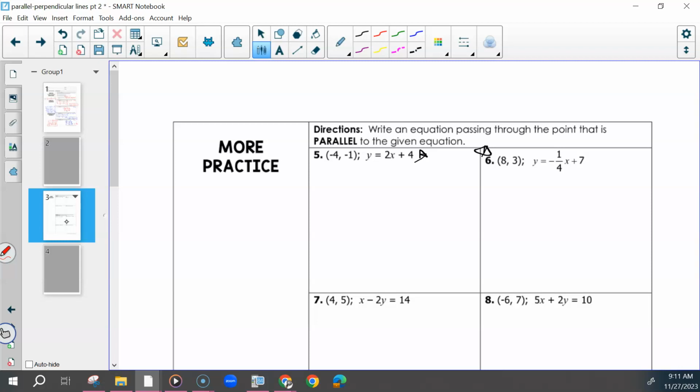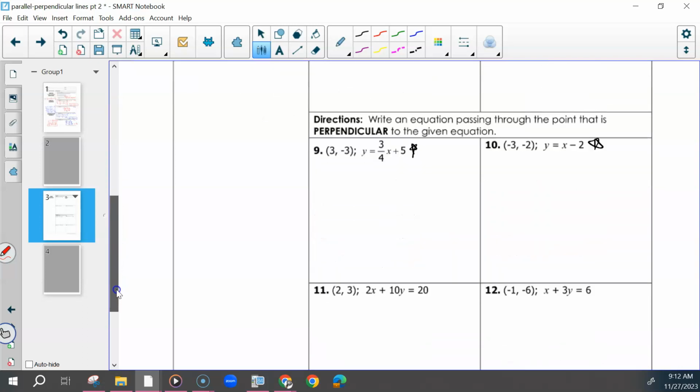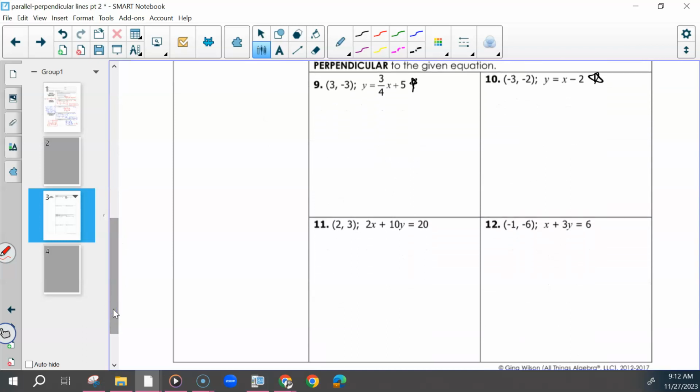Six. Any others? I'm going to pick one of the perpendicular ones. 11. And then I have to grab my keys and go unlock that.